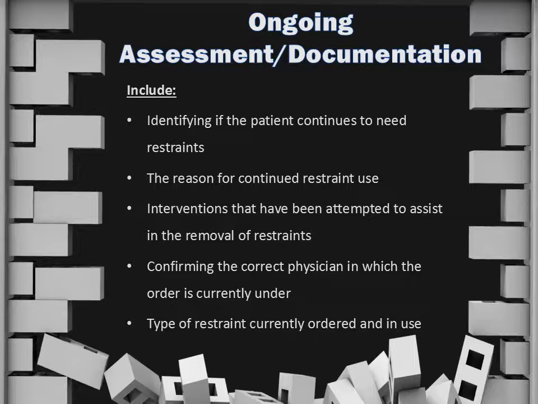And this has been an issue in the past when, say, the patient was put in medical restraints or nonviolent restraints down in the emergency center, and they were taken care of by the EC physician. Then they're admitted under Dr. A and go to the MICU. These orders need to be updated to reflect Dr. A is now responsible for the order and signature of the continuation of restraints. And then, of course, the type of restraints currently ordered and in use.